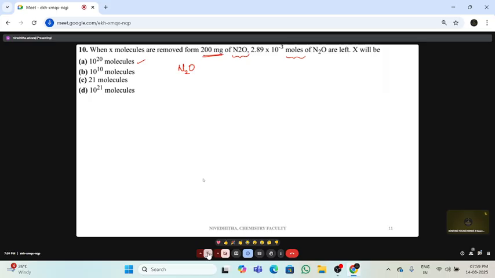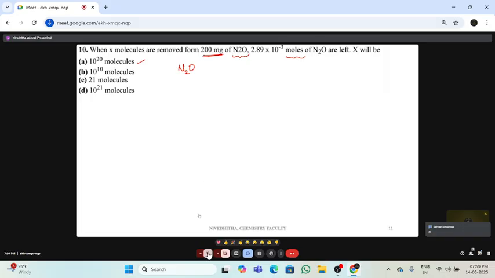What is the molar mass of nitrous oxide, N2O? Atomic mass of nitrogen is 14 and atomic mass of oxygen is 16. So what is the molar mass of N2O? 44.